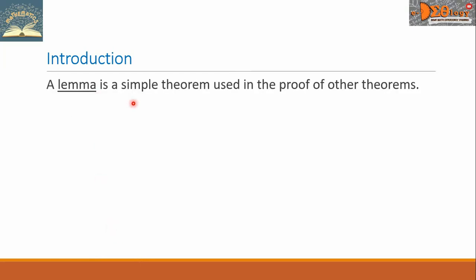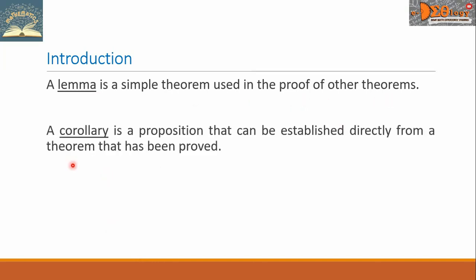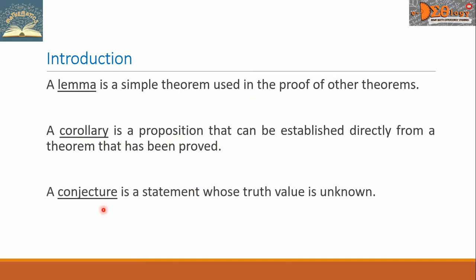A lemma is a simple theorem used in the proof of other theorems. A corollary is a proposition that can be established directly from a theorem that has been proved. A conjecture is a statement whose truth value is unknown.